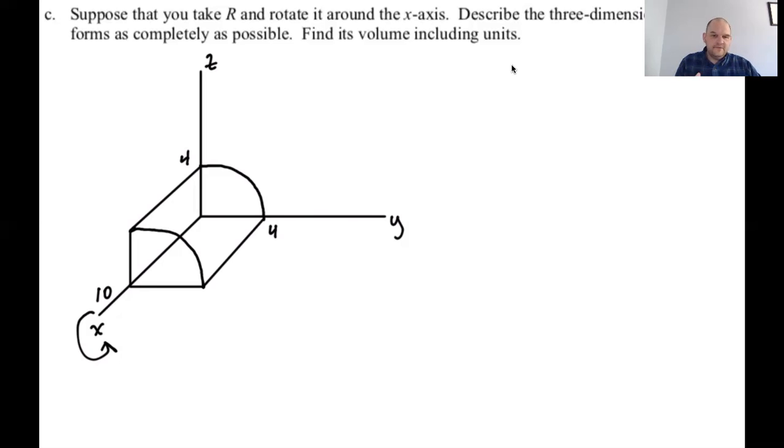So now think about which plane is giving us our cross sections. In this case, since we went up, we hit the z-axis, it's the yz plane that we want to focus on. So this is y, this is z.